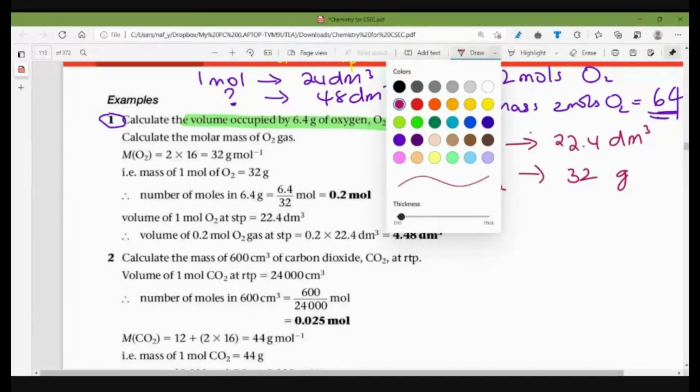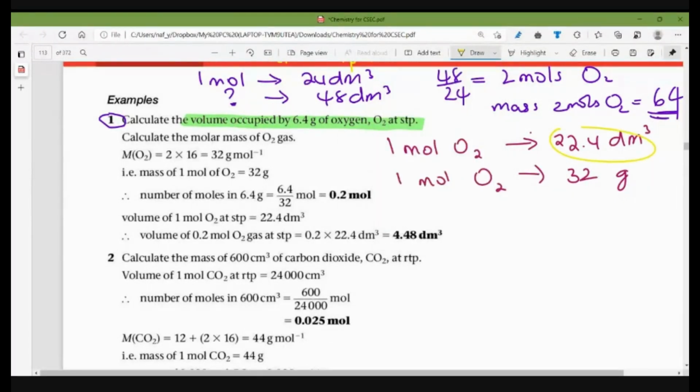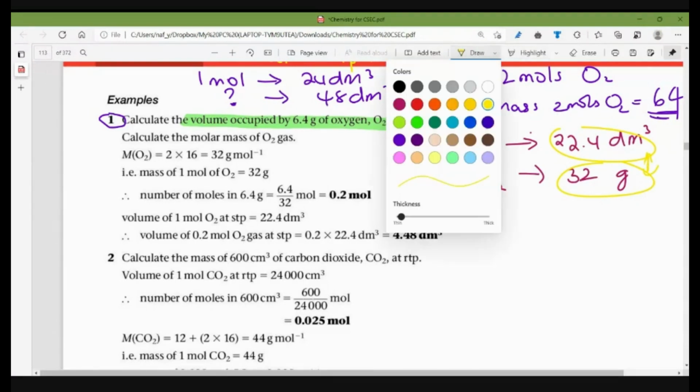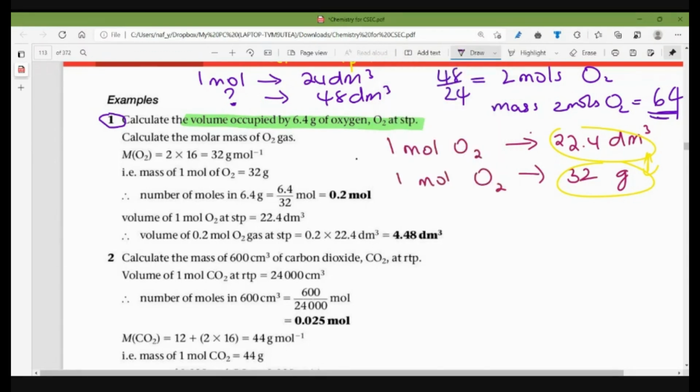Now, what we're trying to do is to form a relationship between these two. If 1 mole of oxygen has a mass, I can say that 32 grams of oxygen will occupy 22.4 dm cube. Look at it and tell me if you see where I'm going. I know 1 mole occupies and I know 1 mole has a mass.